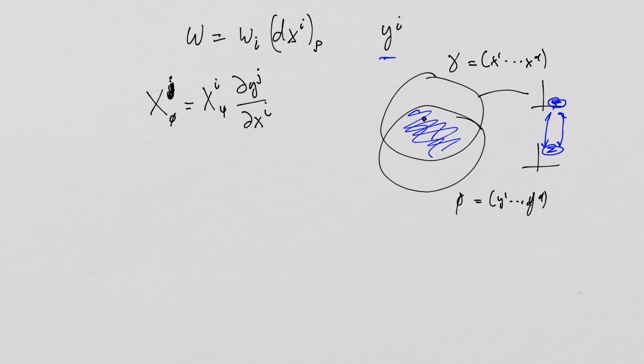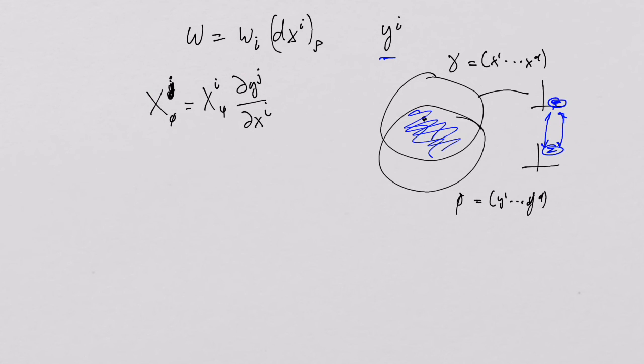So here are your dummy indices, and the j and the j match up. This was the way the components of the tangent vectors, the velocities, transformed.